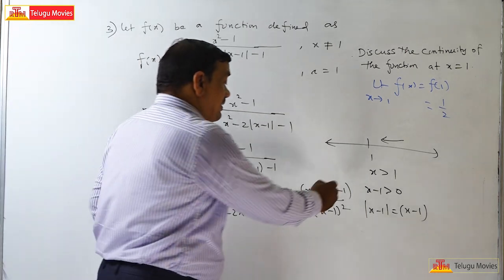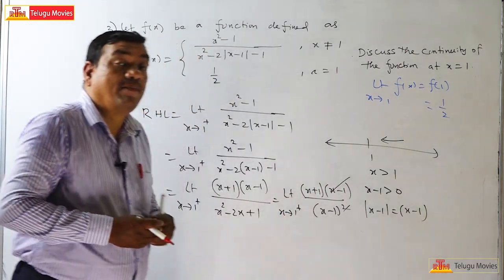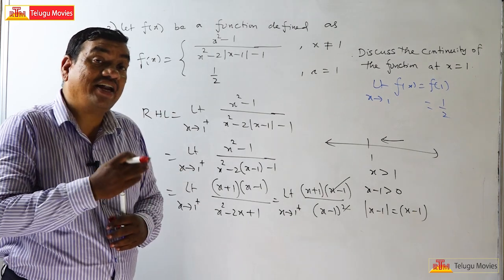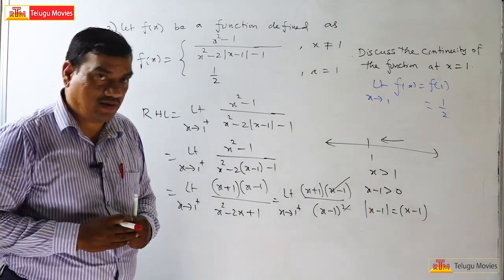You can cancel x minus 1, no doubt, because as we are approaching 1, x is not equal to 1.